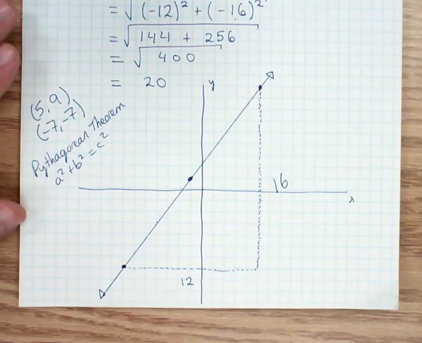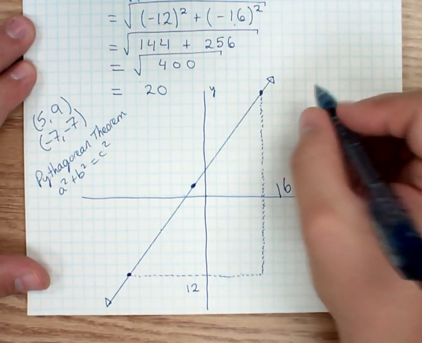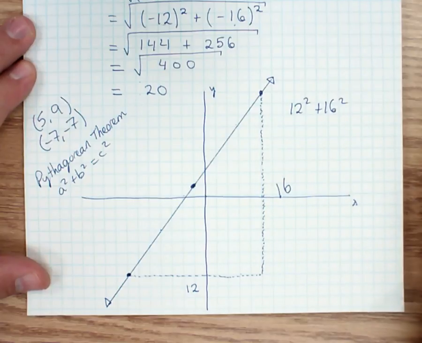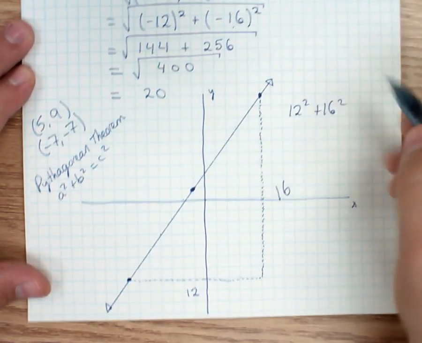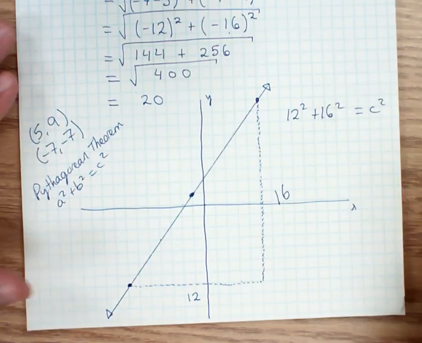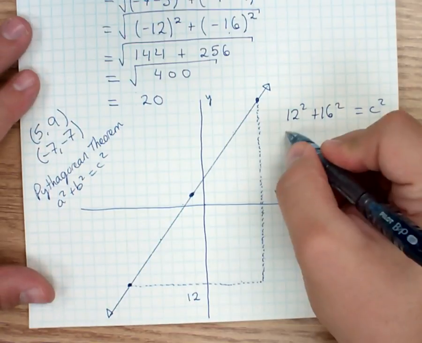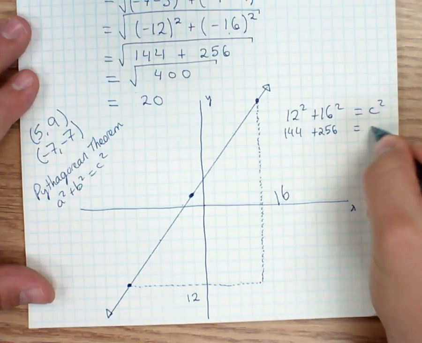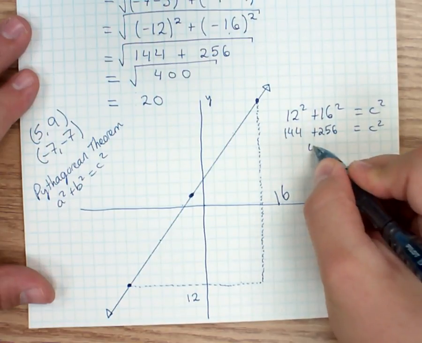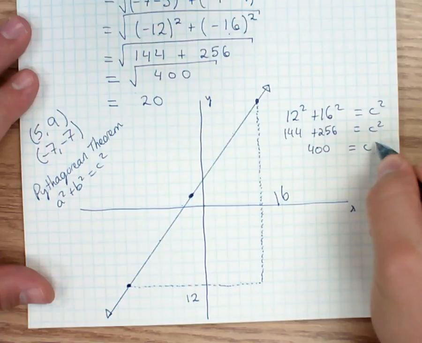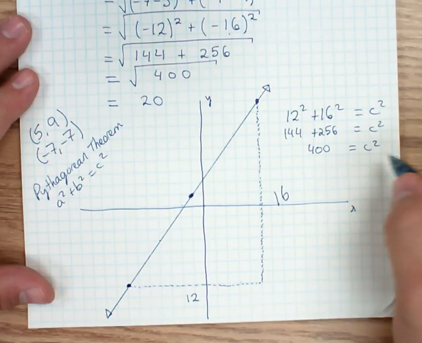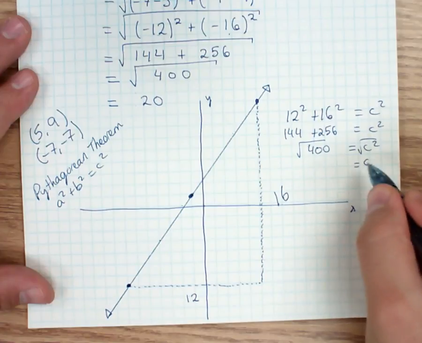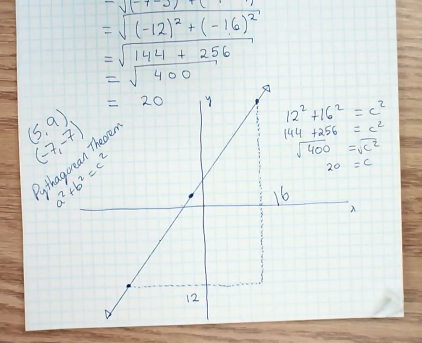So when I plug these in, I have 12 squared plus 16 squared equals c squared. So 144 plus 256 equals c squared. Gives me 400. And to get rid of a square, you got to take the square root. And you end up with c being 20.